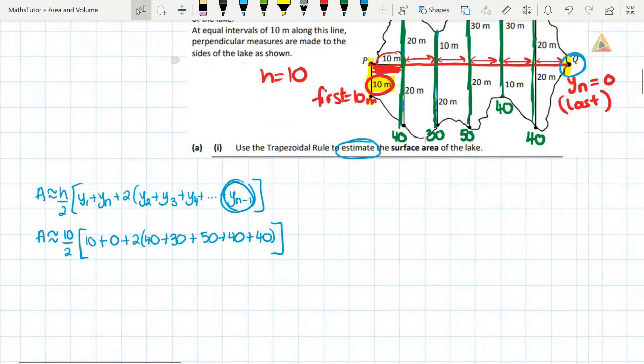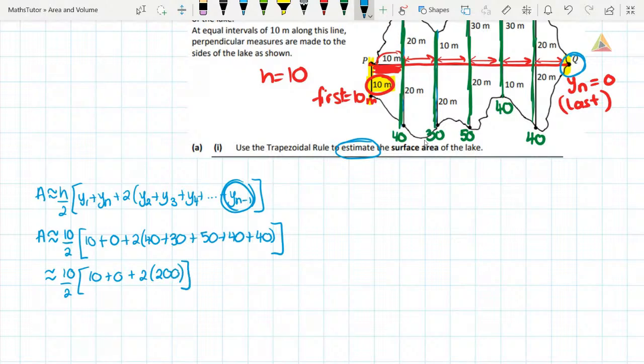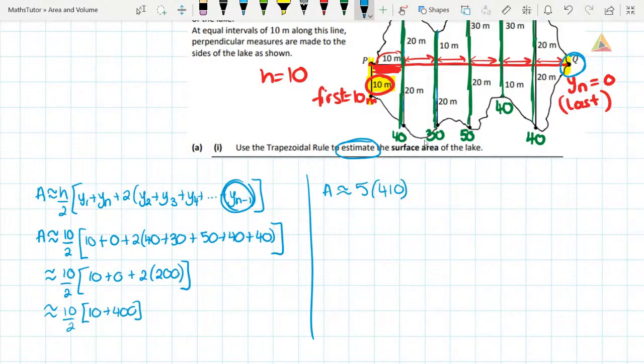So putting that into the calculator, we get the area is approximately equal to 10 over 2 times 10 plus 0 plus 2 times 200, which will be approximately 10 over 2 times 10 plus 400, which will be approximately 5 times 410, and that gives me 2,050 meters squared.